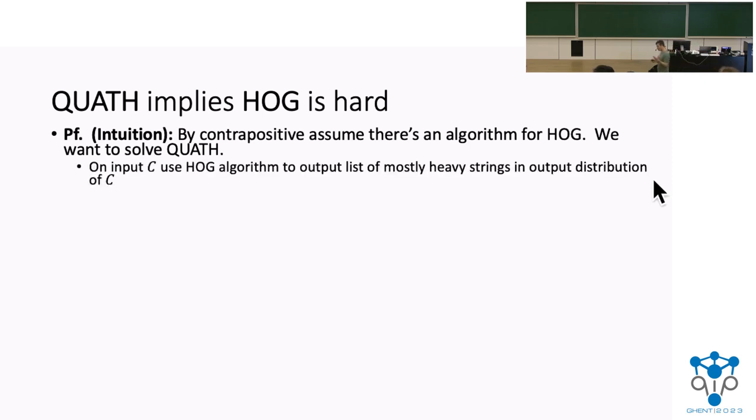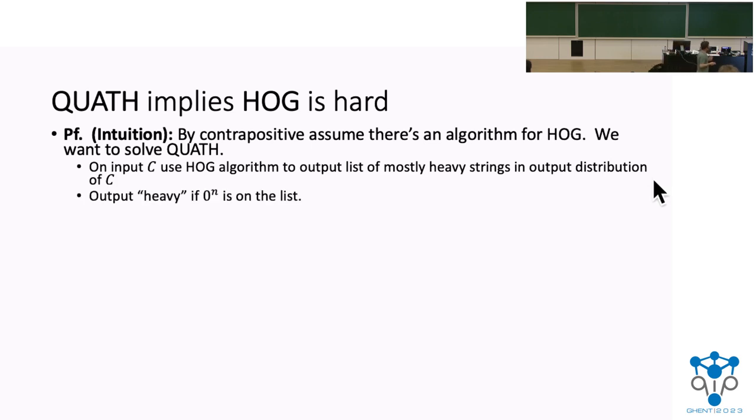So on input a random circuit, we can use our HOG algorithm to produce a list of heavy samples, and then we're going to accept if that list includes the all-zero string, and otherwise we're going to reject. In other words, we say that all zero is heavy if we see it in our list of samples, and otherwise we reject.